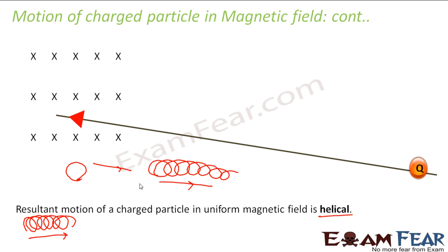That charged particle comes and enters this magnetic field. What happens? That charged particle experiences a force due to this magnetic field. Now what will be that force? That force is given by Q into V cross B, right? Because of this magnetic force, the charged particle will move in a helical path, right? Okay, so till now it is clear.